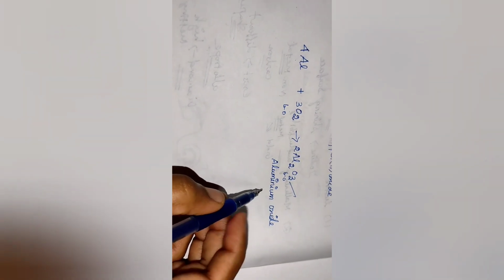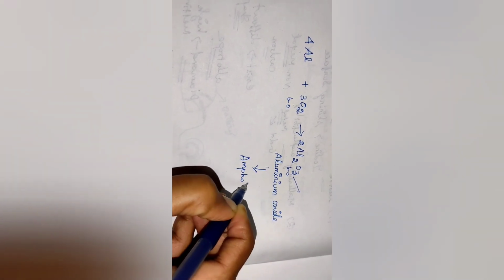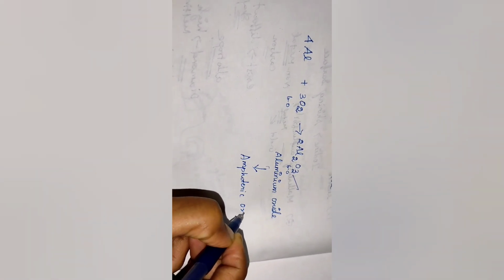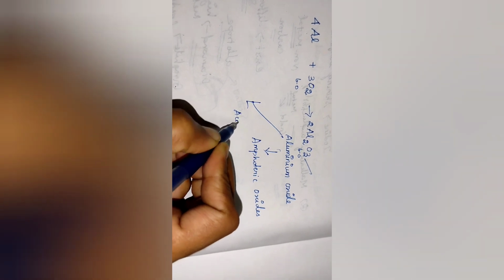And this aluminium oxide is also known as amphoteric oxides. What is meant by amphoteric oxides? These oxides can react with either acid or base.